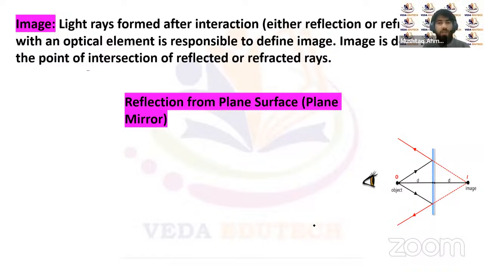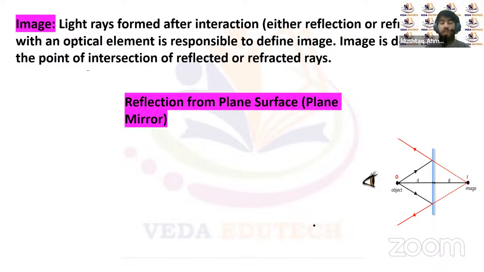Now let's discuss what we mean by the image. In physics, an image is defined as the point of intersection of reflected or refracted rays. It means that when incident rays of light interact with an optical element, the interaction can be reflection or transmission, that is, refraction.